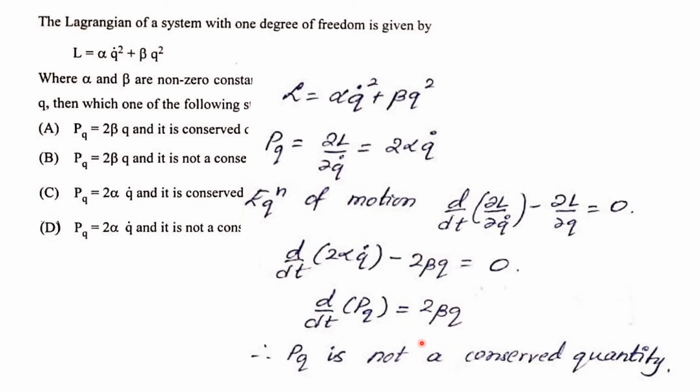If you simplify this one, d pq by dt is equal to 2 beta q. If differentiation of pq with respect to time is equal to 0, then we can say that pq is a conserved quantity. Since it is not equal to 0, pq is not a conserved quantity. Therefore option D is the right answer.